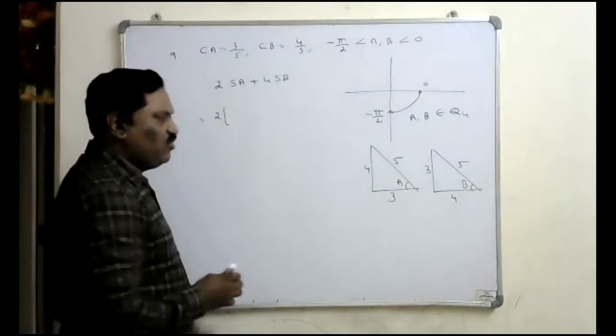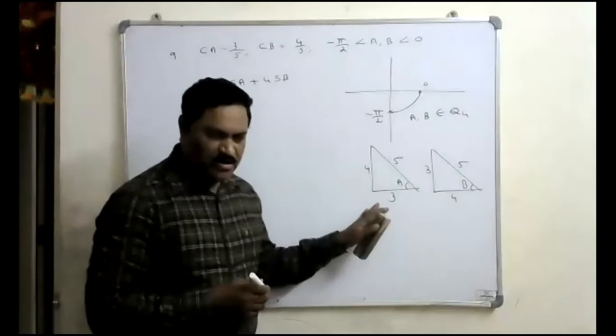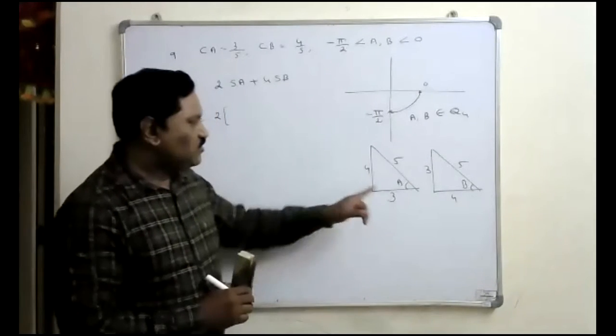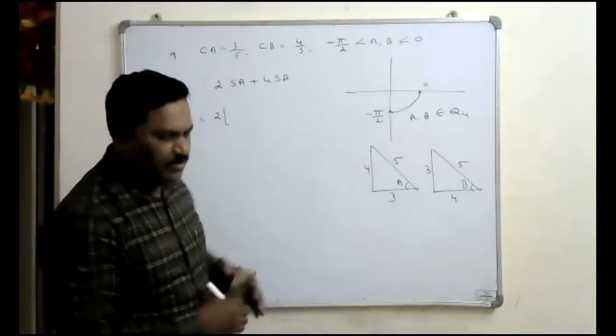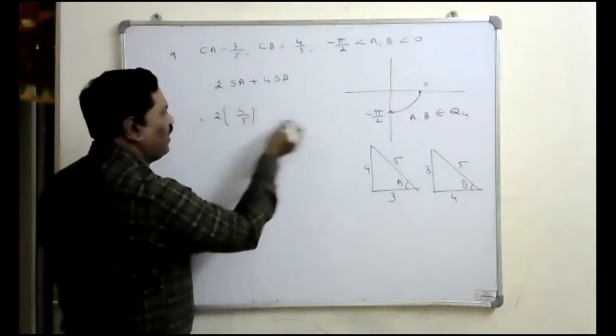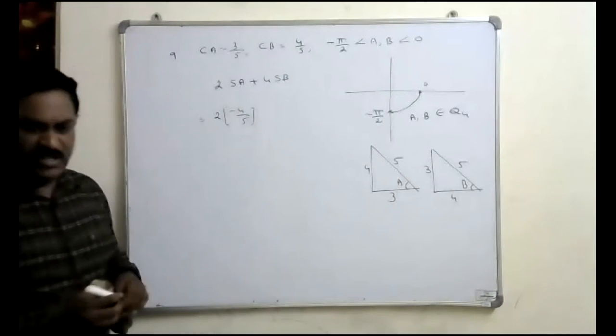Now it is 2 times sin A. We have to take the value of sin A from the triangle and its sign from the quadrant. So sin A is 4 by 5, but A is an angle of the fourth quadrant, sine is negative, so we take the minus sign.